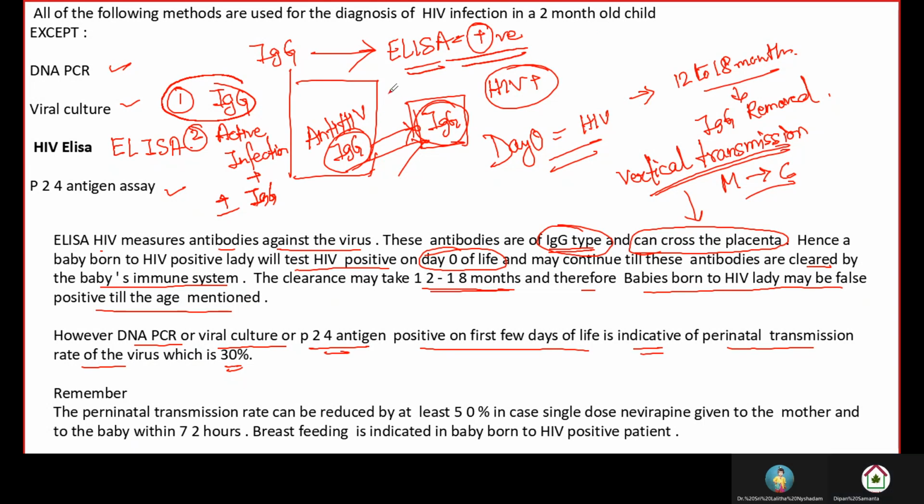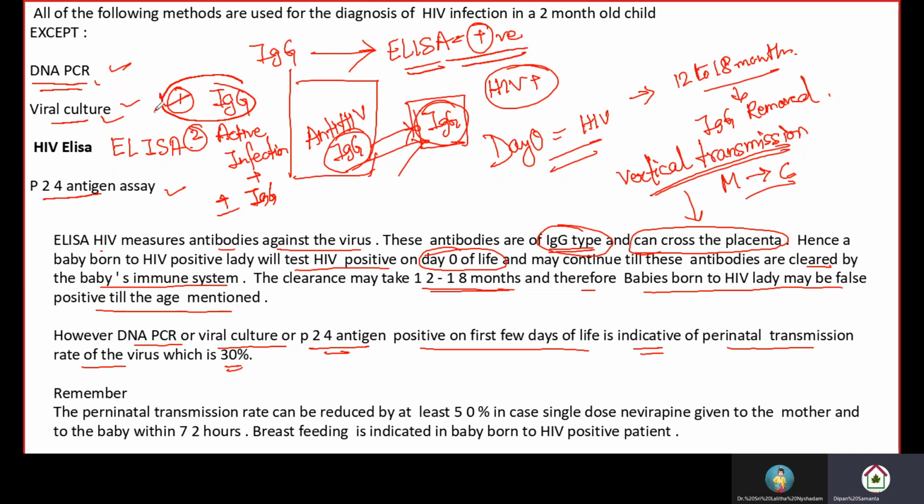So, a baby born to an HIV mother can also be checked with DNA PCR, viral culture, and P24 antigen assay. You can understand by the name that DNA PCR, viral culture, and P24 antigen will check for the antigen, for the infection.